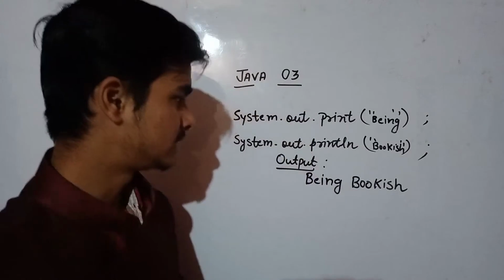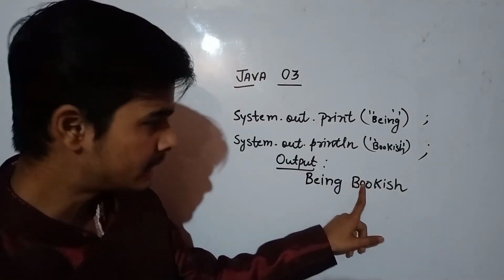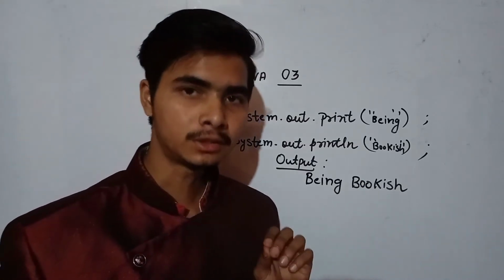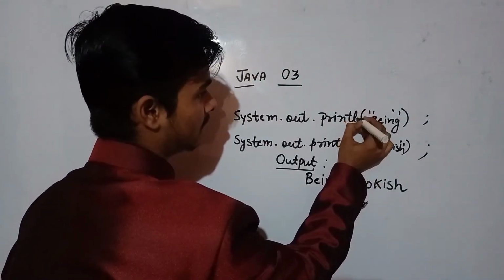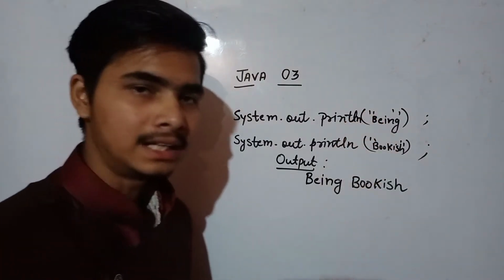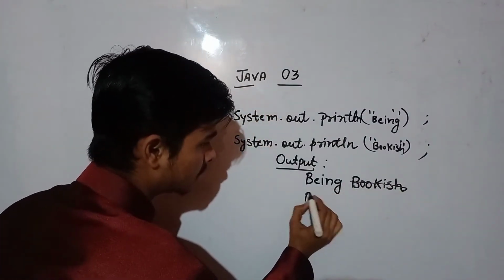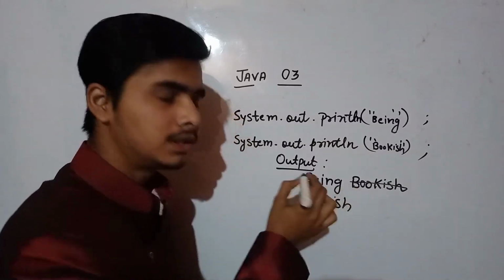But suppose you want Bookish to be printed after being on a new line. What you need to do for that is just write ln here, and now the output would be being and Bookish will be placed in the new line.